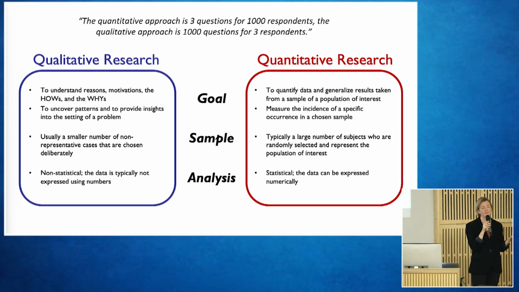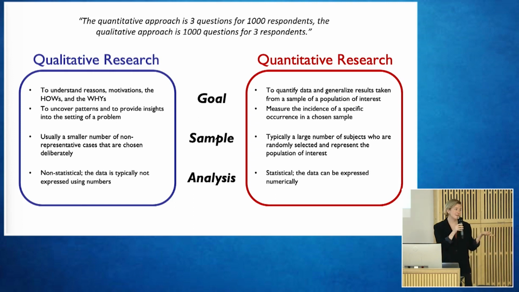So that's a really big difference. And the analysis is a statistical one. So you collect data that is quantitative in nature, and then you can analyze it through statistical analyses. Now, qualitative research, really the goal is to understand context, to understand the how and the whys.